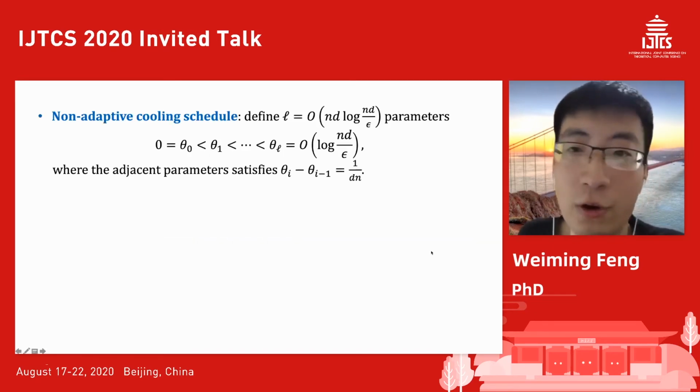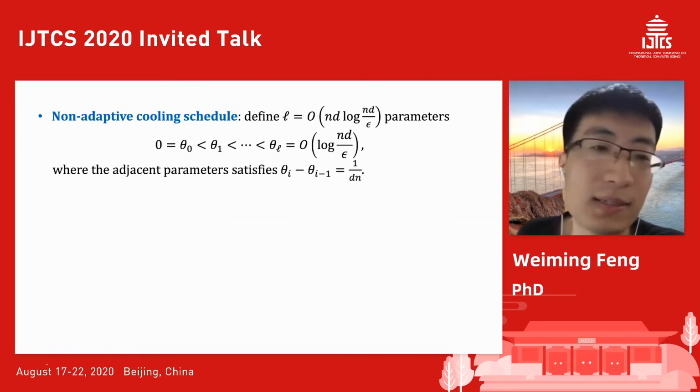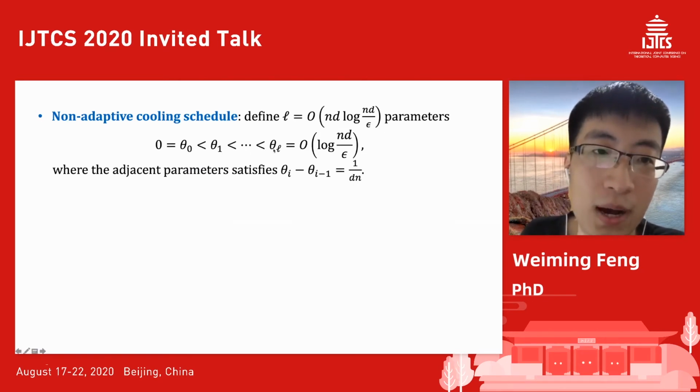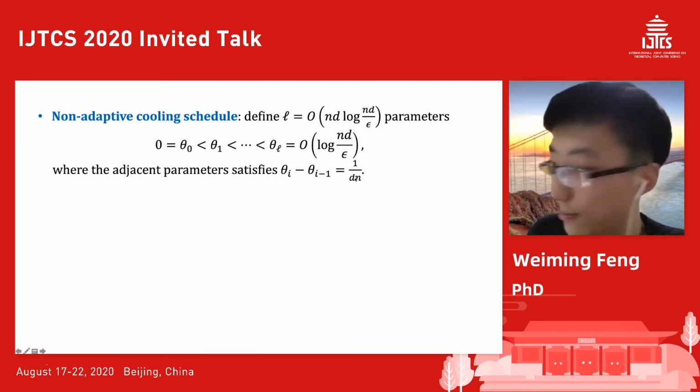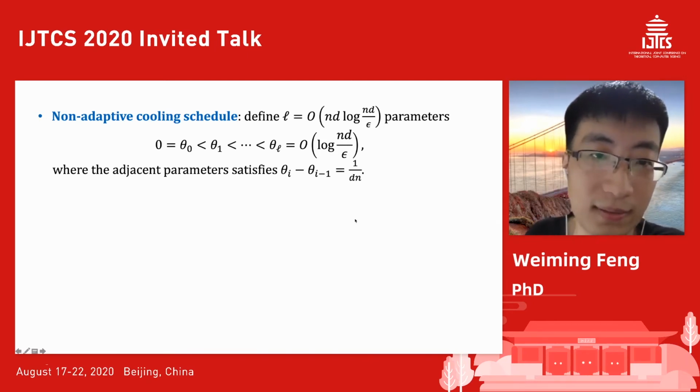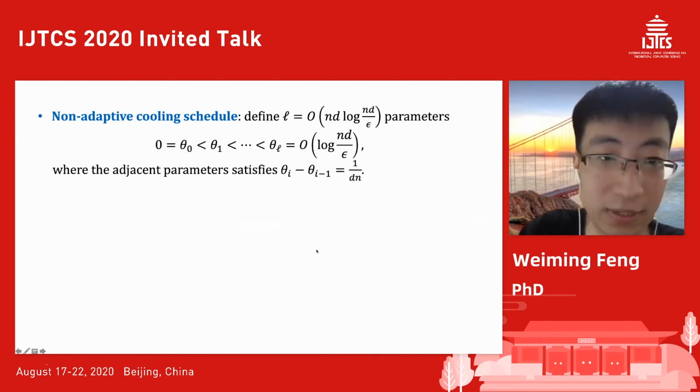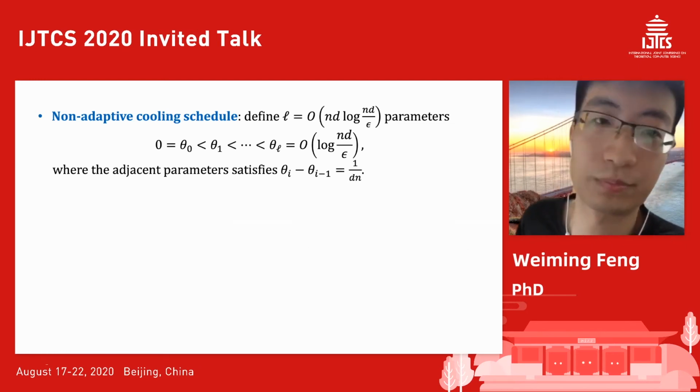So we use the following non-adaptive simulated annealing. We set L increasing parameters, theta 0, theta 1, ..., theta L, such that theta 0 equals 0 and theta L equals O(log n). Here the theta L is precisely the parameter theta in the previous lemma.